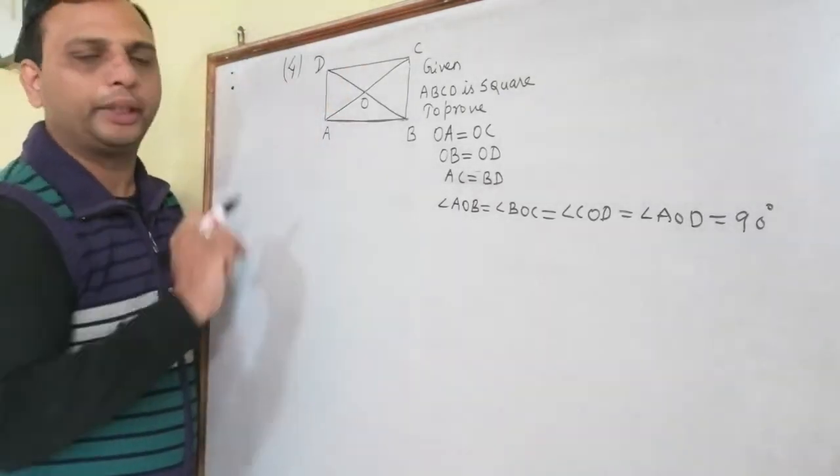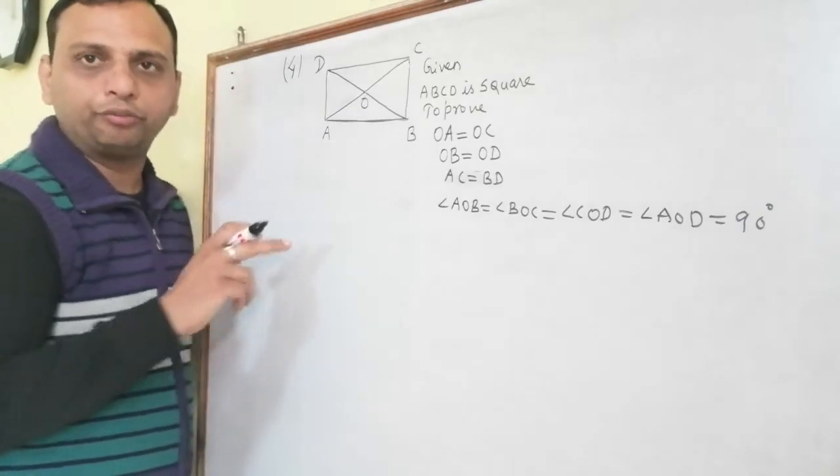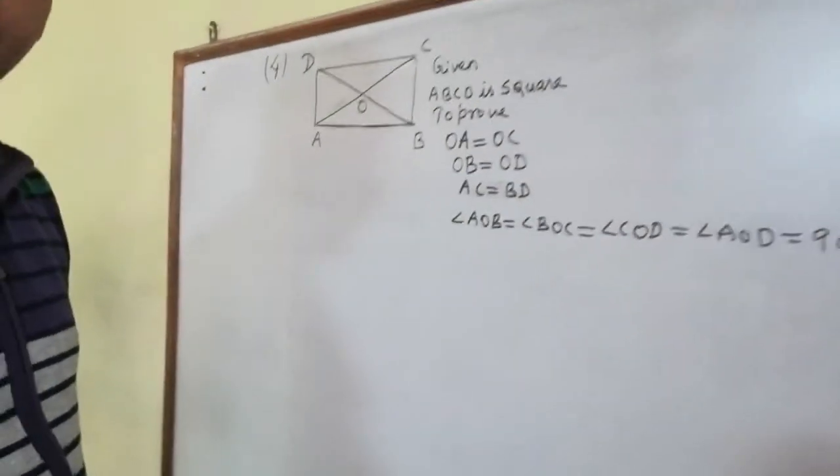To make AC equal to BD, we have to take such triangles that, when we make them congruent, we get AC equal to BD.